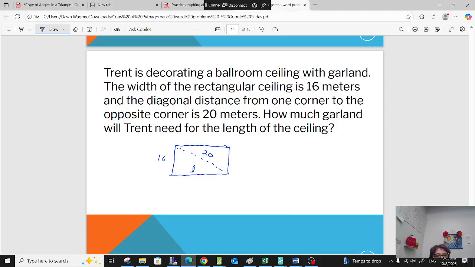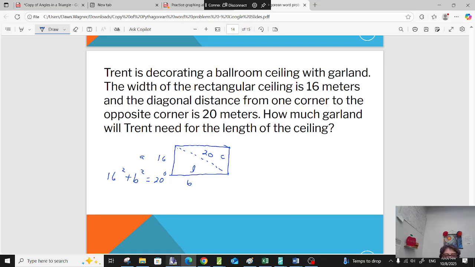And they want to know the length, like how much garland it takes for this length. So this would be like A, B, and C. So 16 squared plus B squared has to equal 20 squared. You would hope a ceiling has right angles, unless somebody did something wrong.